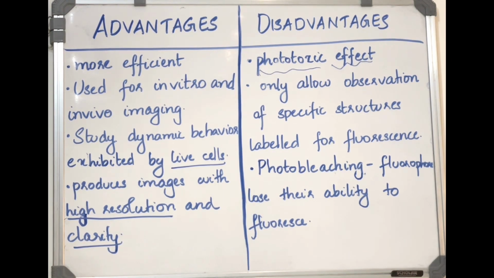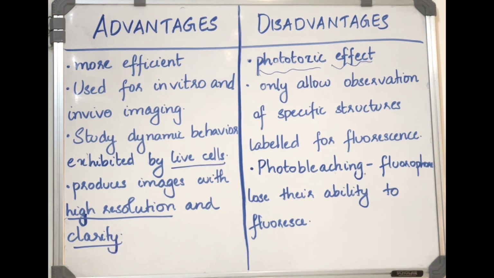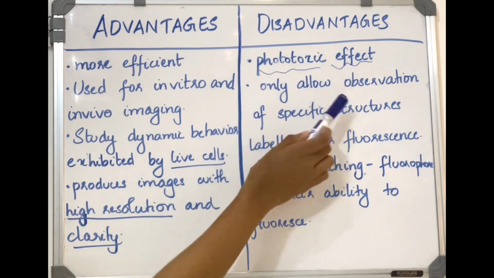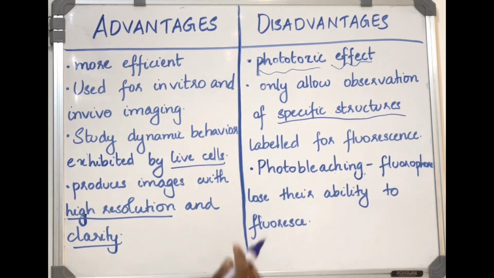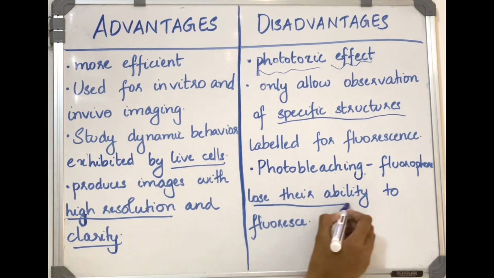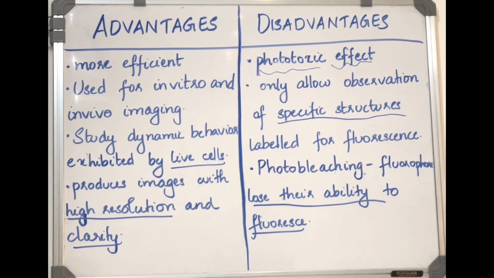These fluorescent molecules generate reactive chemical species when exposed to light, and this results in a phototoxic effect that can affect the cells. This microscope also only allows the observation of specific structures labeled for fluorescence. Then photobleaching. Photobleaching means that when these fluorophores are exposed to light for a long time, they lose their ability to fluoresce. This is another disadvantage of the fluorescence microscope.